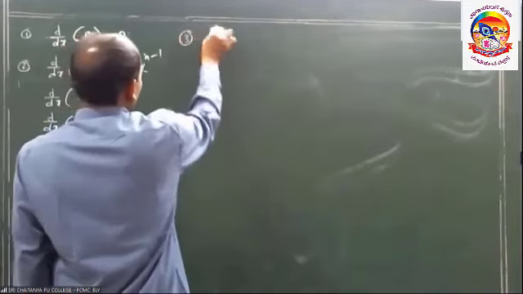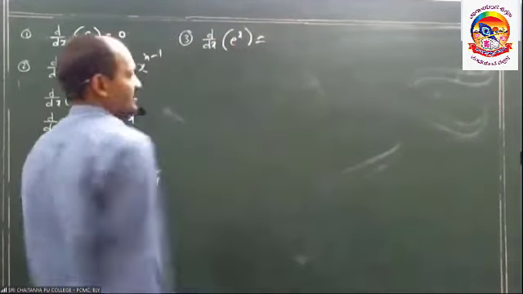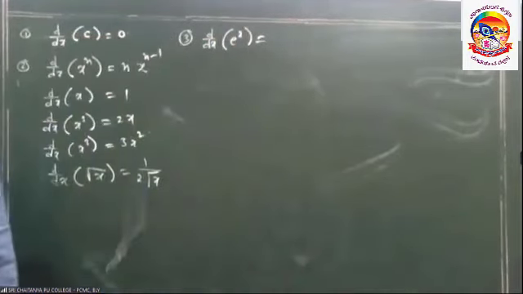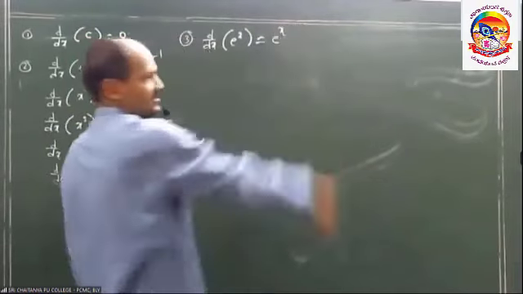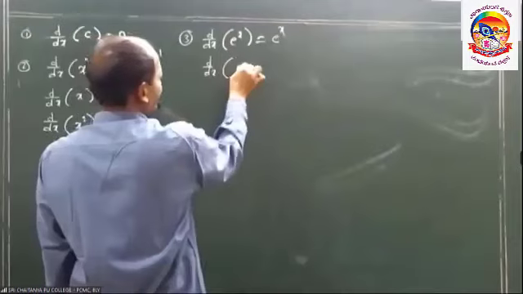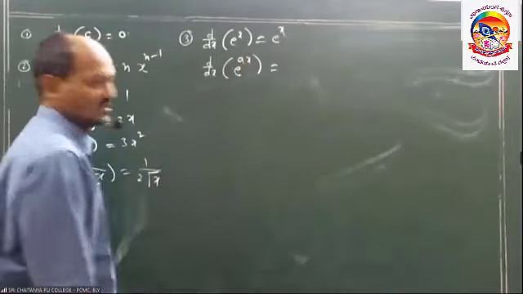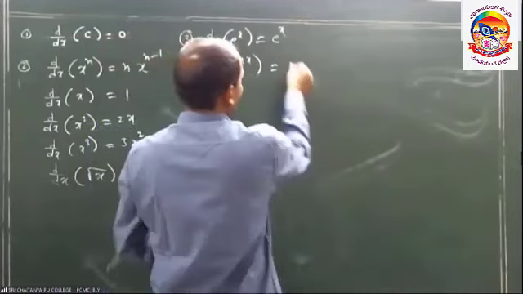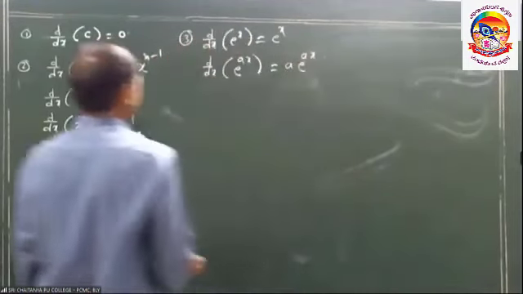Third one: derivative of e power x is equal to e power x. Derivative of e power ax, where a is a constant, is equal to a e power ax.